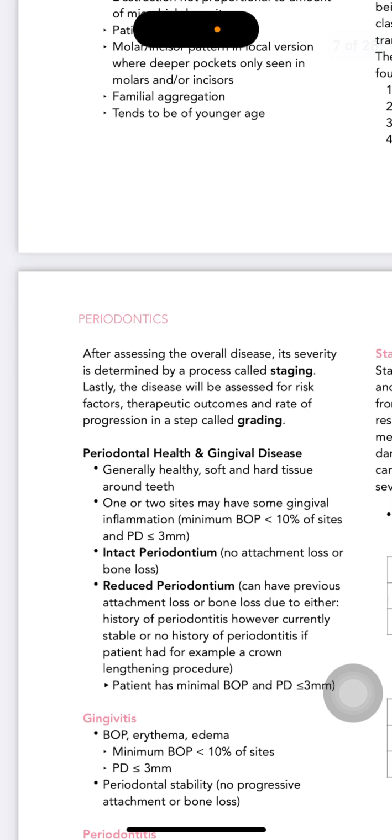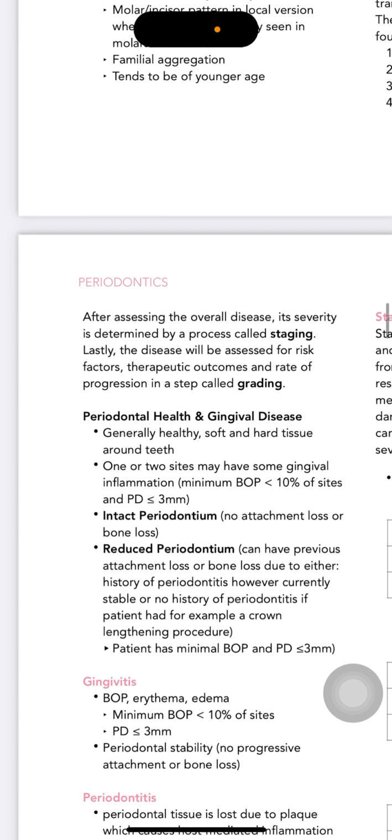After assessing the overall disease, its severity is determined by process code staging. Lastly, the disease will be assessed for risk factors, therapeutic outcomes, and rate of progression in a step code grading.